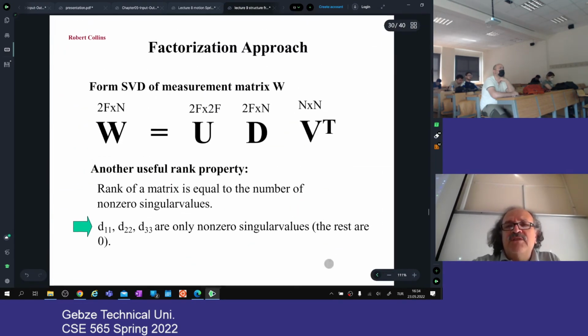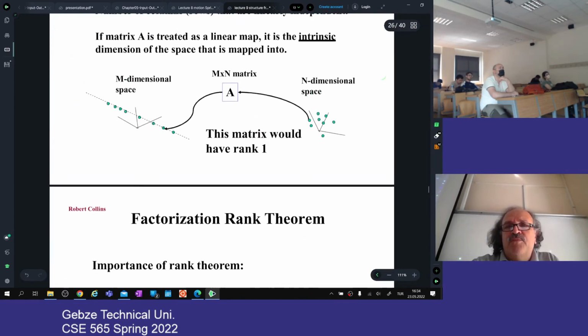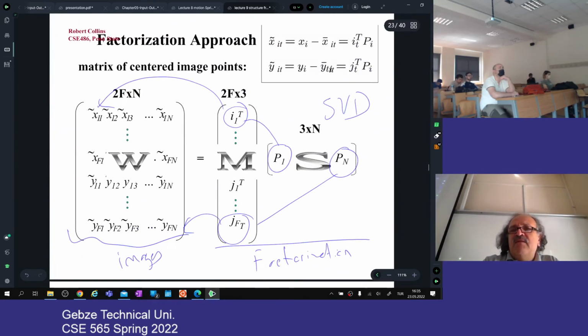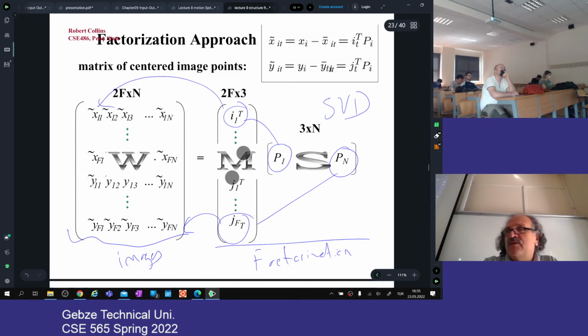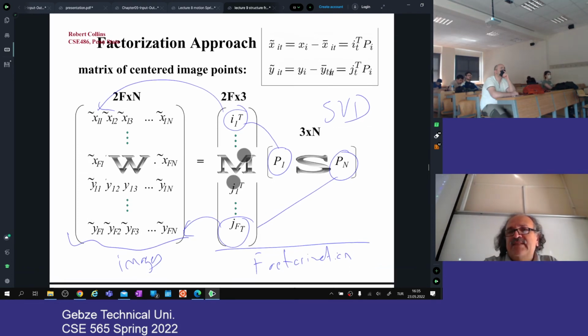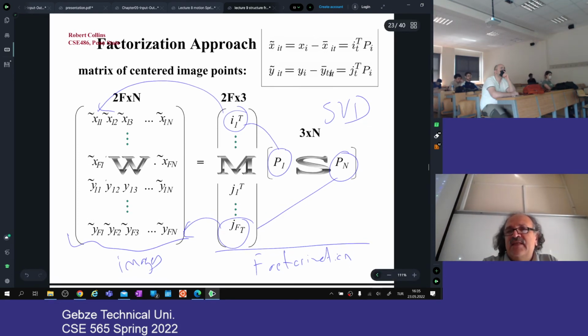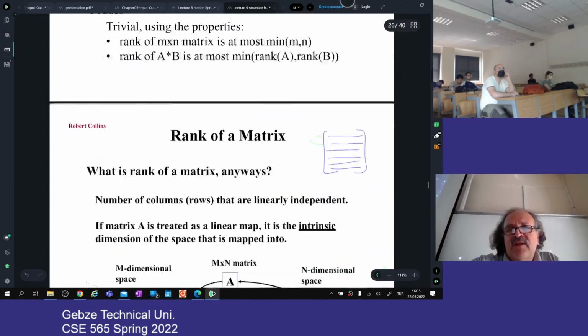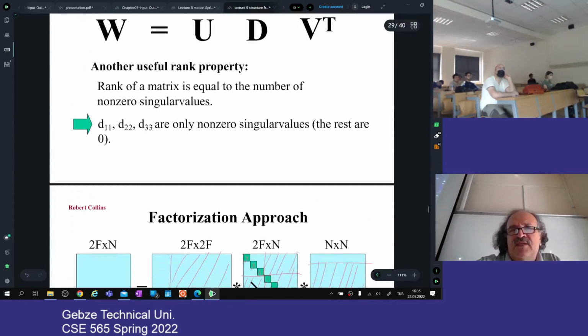Kind of a factorization. Remember, I am trying to obtain this one. Get 2 matrices. One of them is like this, the other one is this. 2f by 3, 3 by n. Get me a very long but narrow matrix, and a wide and short matrix. And this one kind of is giving me this actually.